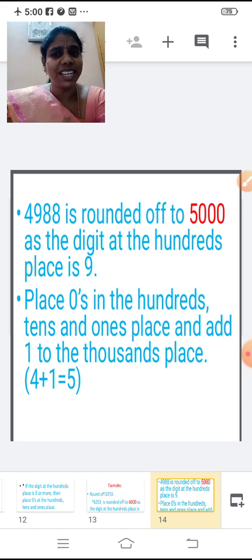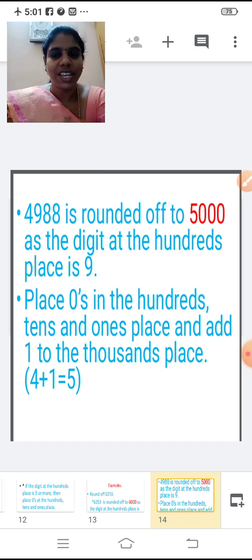And whether the digit at the thousands place will change? 4 will change, or 4 will remain as it is? It will change, right? So you are going to add 1 to the digit at the thousands place. What digit you are having? 4. 4 plus 1, 5.